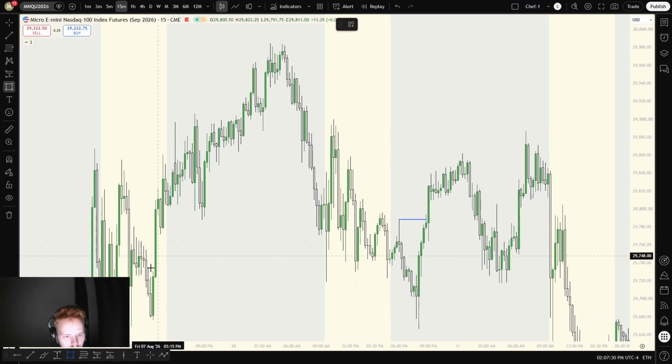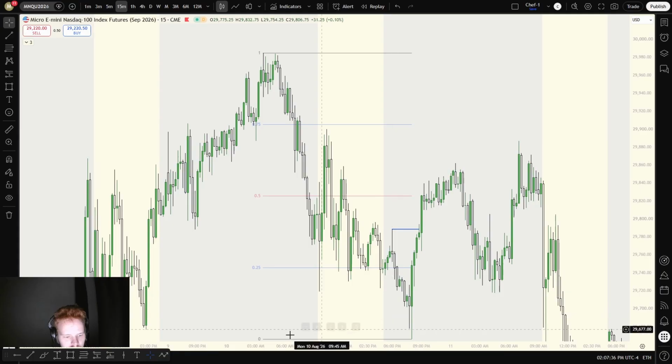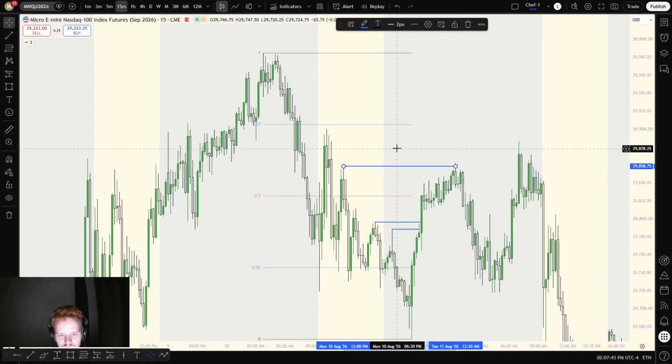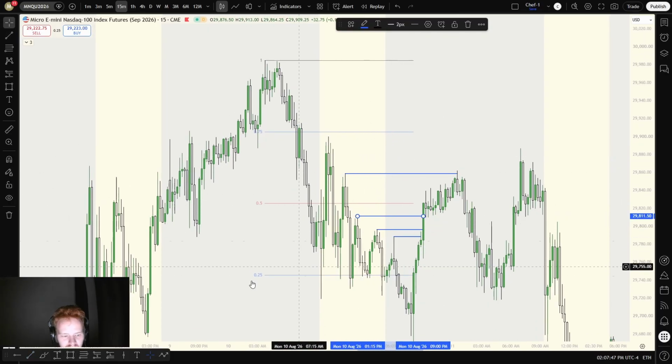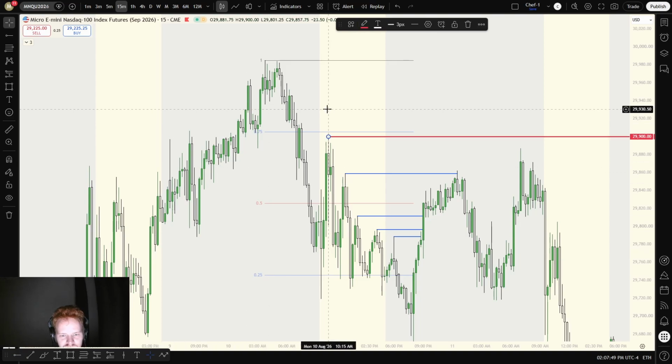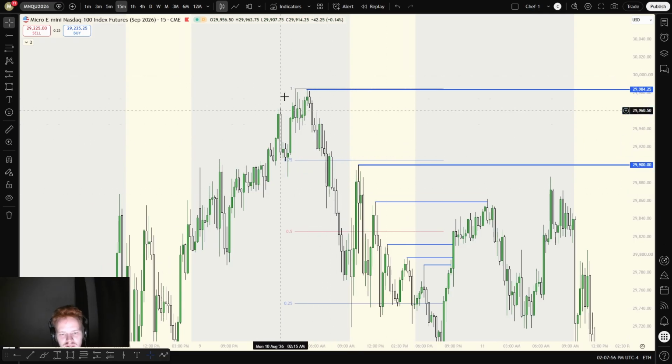We have this whole range over here, and within that range, we have highs here. I don't want to plot all of them out. You can also plot some out, do some of your own homework. Actually, let's have all the highs. I show the unmitigated highs, which is here, which is here, which on a lower time frame could be some here.